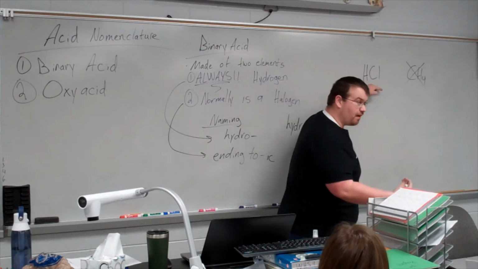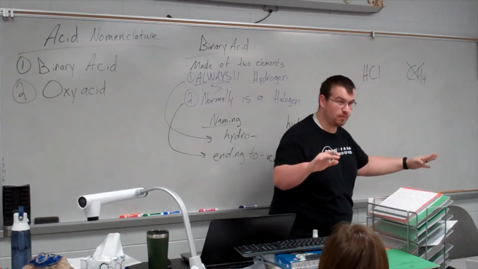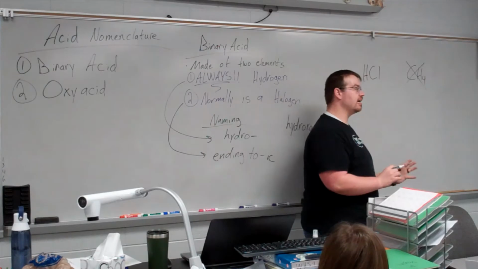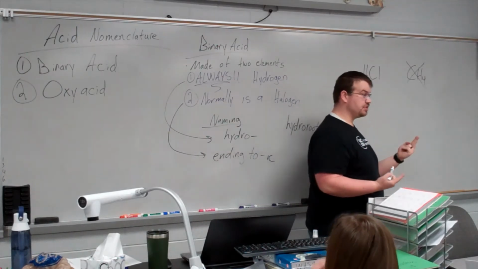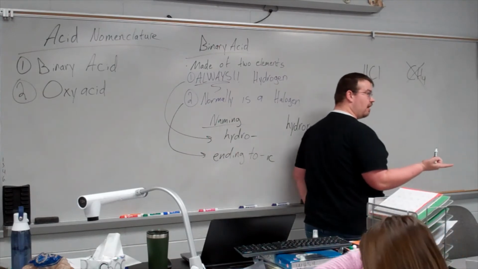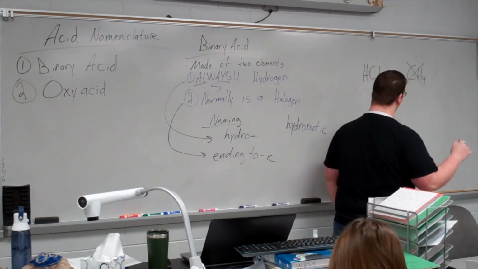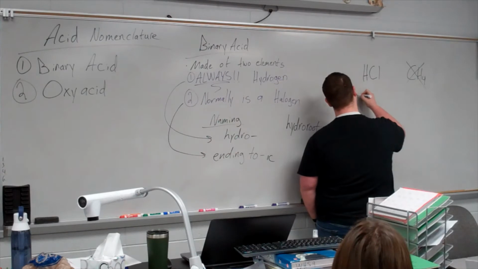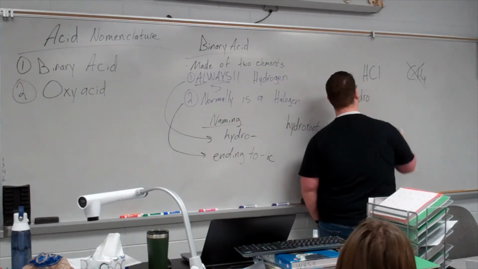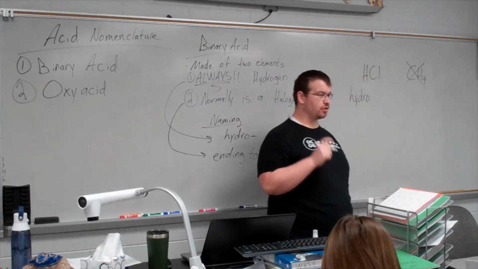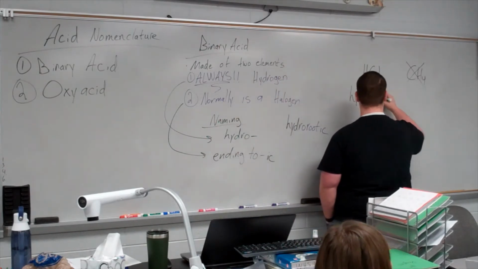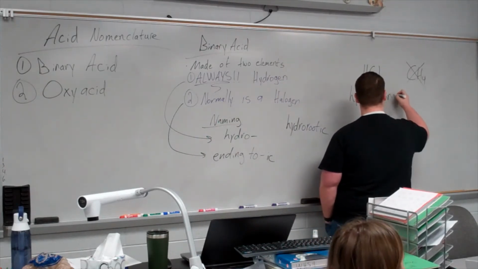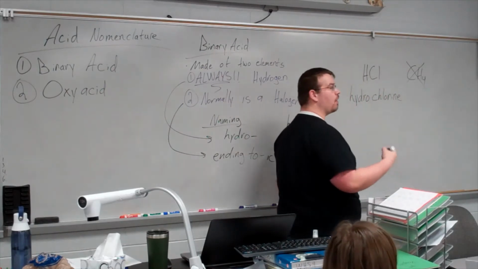HCl, what comes first? Hydrogen. You're dealing with an acid. HCl, you know it's a binary, so it's 2. You name it based off those rules. So first thing you're going to do, you'll always have the prefix hydro. Look at the second element. You're going to name the element. So chlorine. But then you're going to do what you've already been used to.